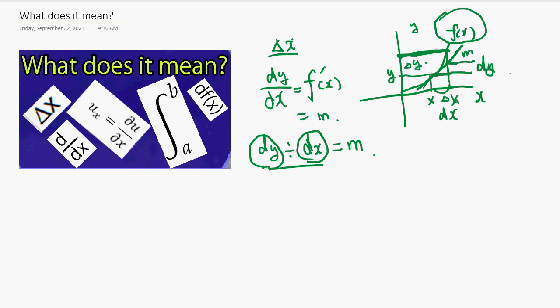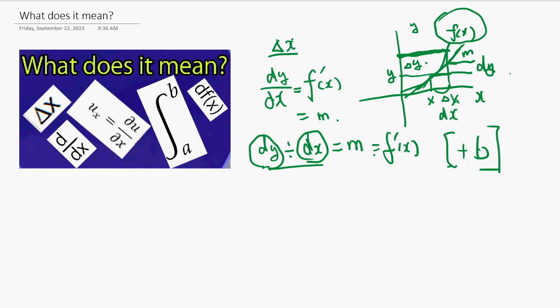Increment of f prime x. This is a linear equation here, and since this is a slope only, you need a b to be a linear equation, and this is not given.